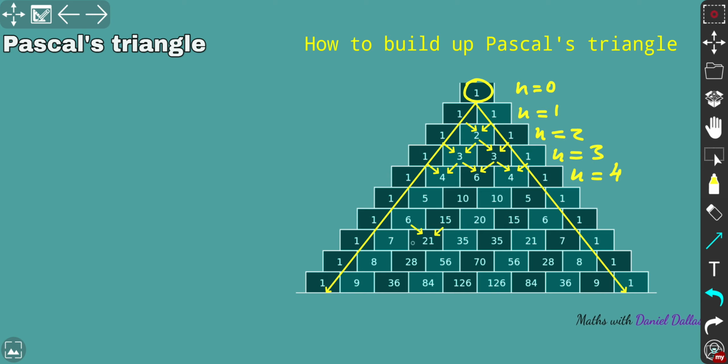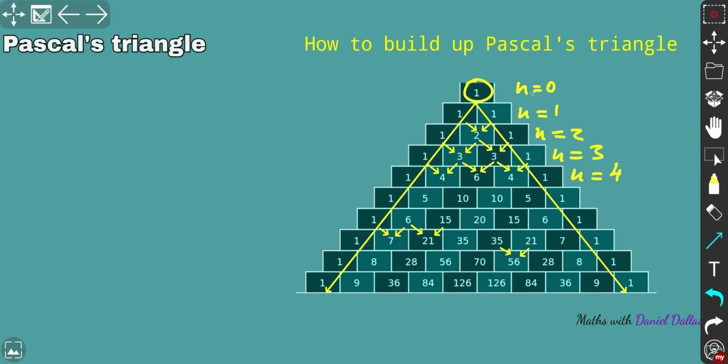Together 6 and 15 will give you 21, obviously. Let's take 1 and 6, that will give you 7. No matter where you are, you can get the idea that in order to get the number below 2 other numbers, for example 35 and 21, you just need to add them up, okay? And make sure you remember that on the lateral side everywhere there goes 1, okay?